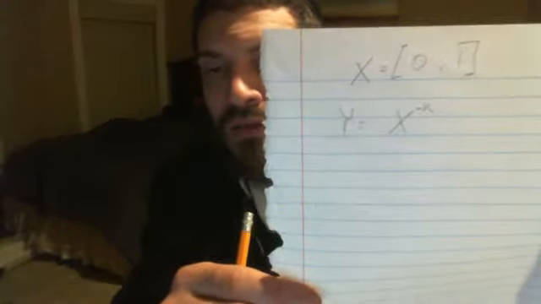So it's x to the negative 0.8. You see here, x to the negative 0.8. That's what y is.